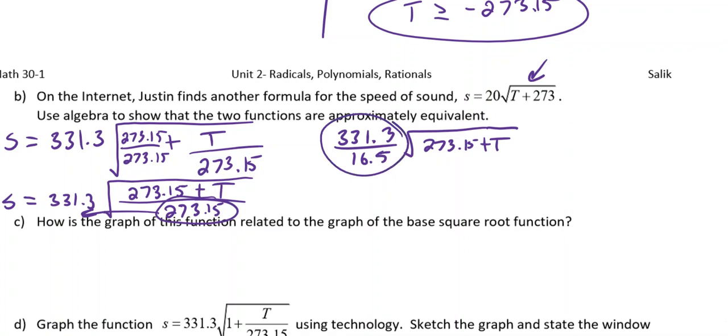And then if I actually divide those two, we get an equation that looks like S, and I'm going to say is approximately equal to 20 times the square root of t plus 273, right? So we just round 273. This was 273.15, but it ends up being the same thing there. Okay?